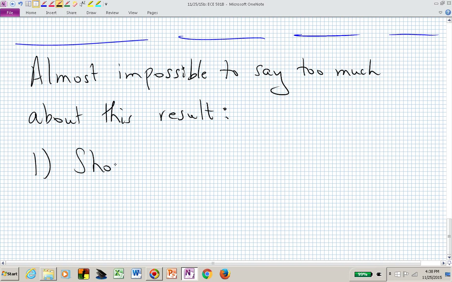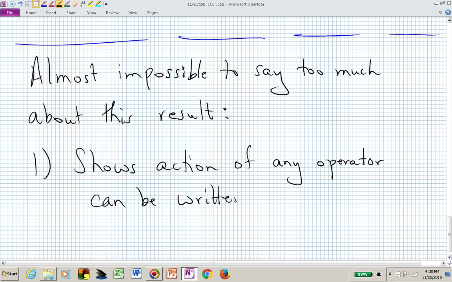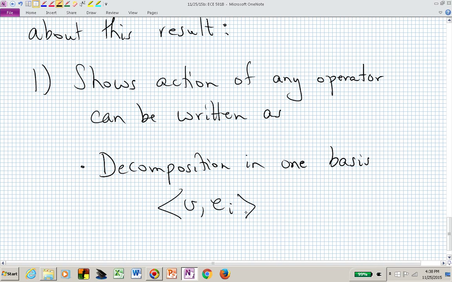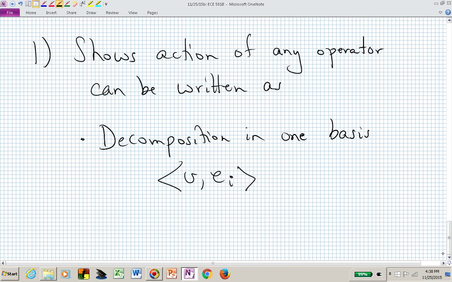One, it actually shows that the action of any operator can be written as a decomposition in one set of basis vectors, or in one basis, which is now saying let's decompose V in the direction of the E basis vectors.